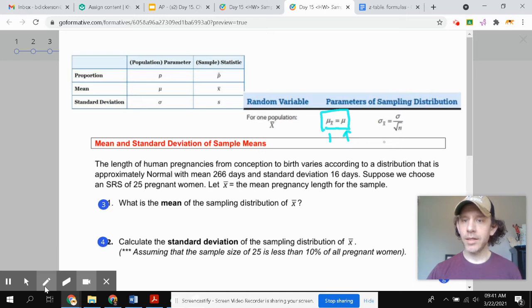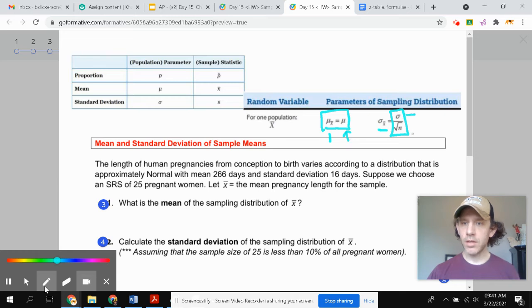And then to get the standard deviation of our sampling distribution, that's why there's that little X bar down there below sigma, this formula for when we're dealing with means looks like this. It's the population standard deviation all over the square root of your sample size.